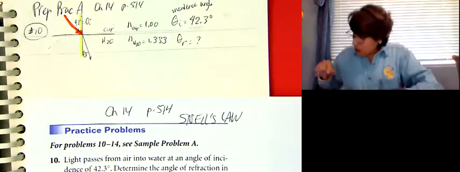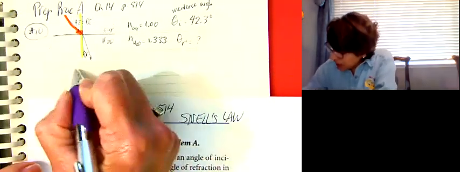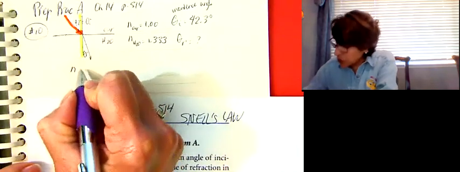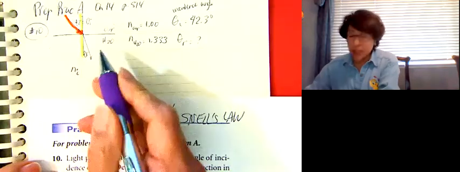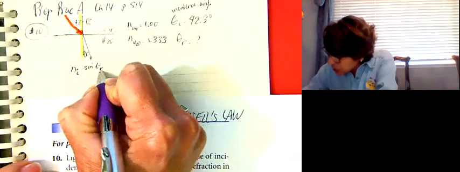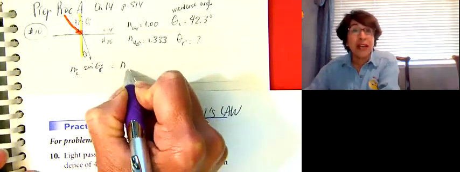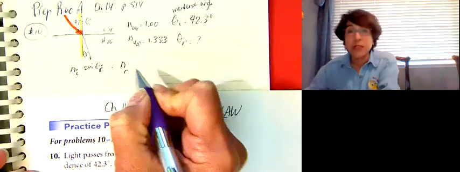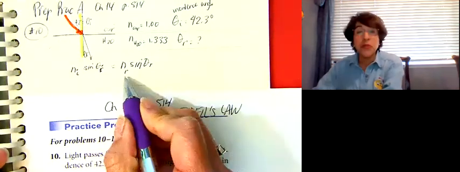So I'm going to write down the equation from Snell's law: the index of refraction of the incident medium times the sine of the angle of incidence is equal to the index of refraction of the second medium, the refracted one, times the sine of theta r. In this case, this one is the air and this one is the water.